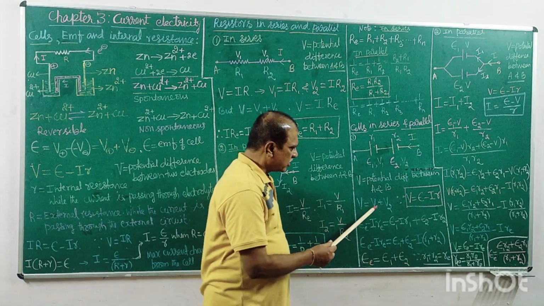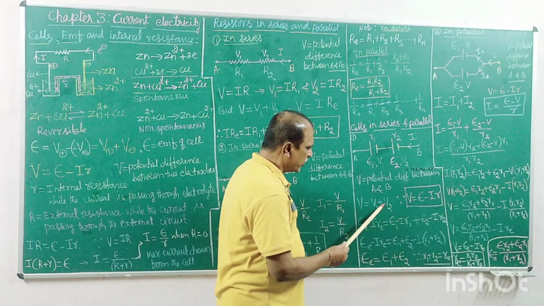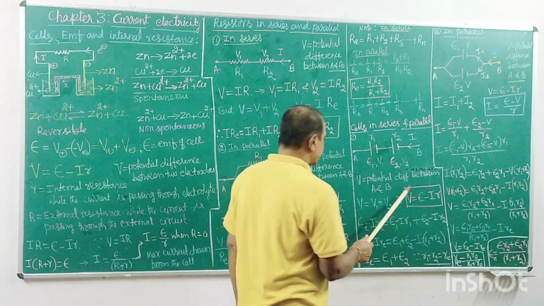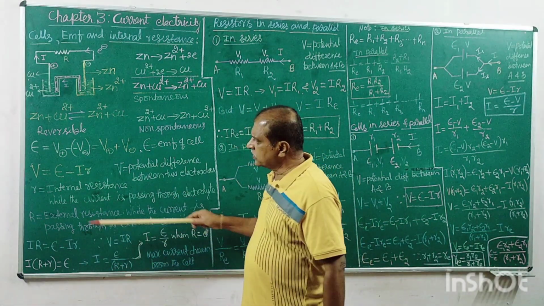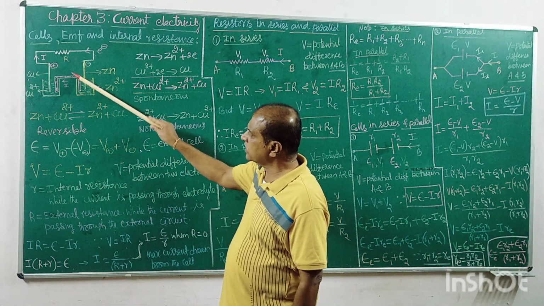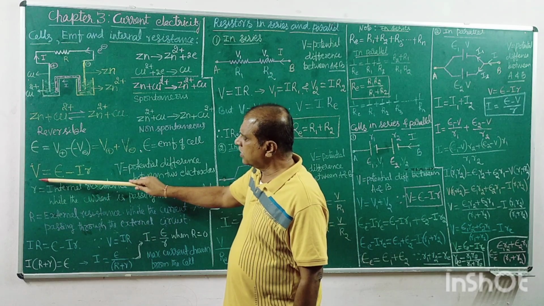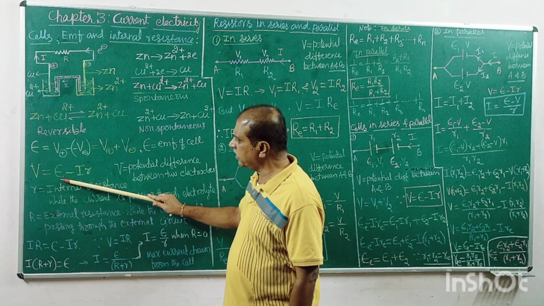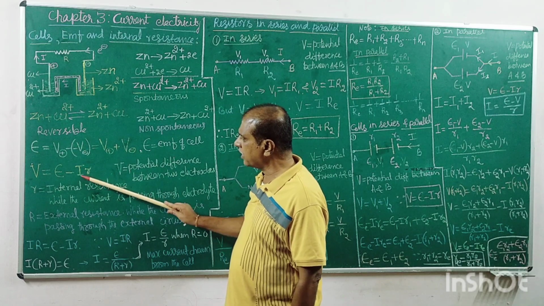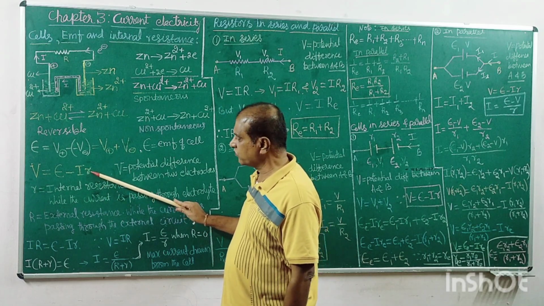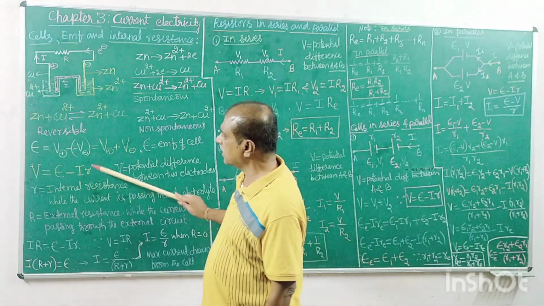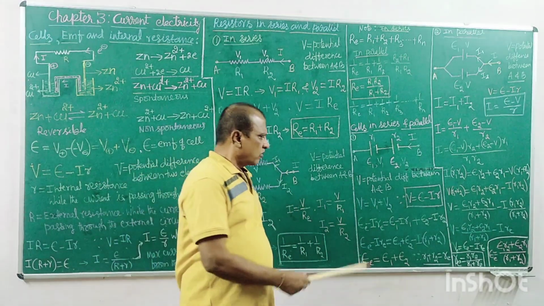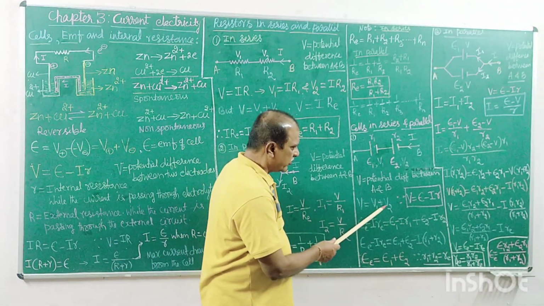Now you have to calculate V1 and V2, not by Ohm's law, but using this equation for the electrochemical cell. It is the relationship between the potential of the cell, the EMF, the current and the internal resistance. Using this equation, calculate V, V1 and V2.